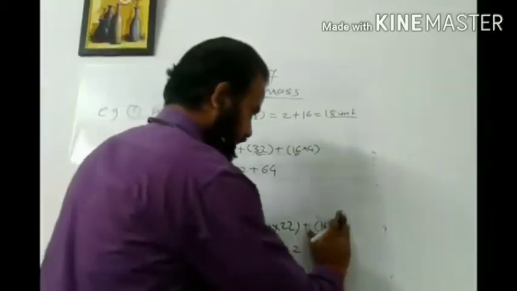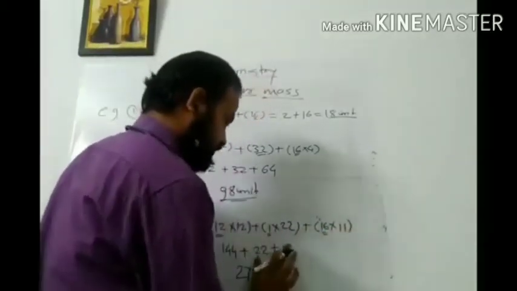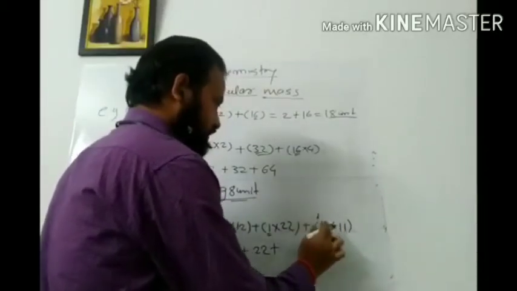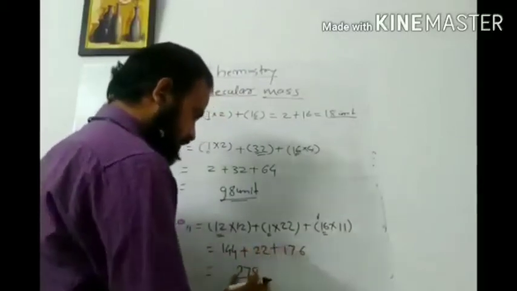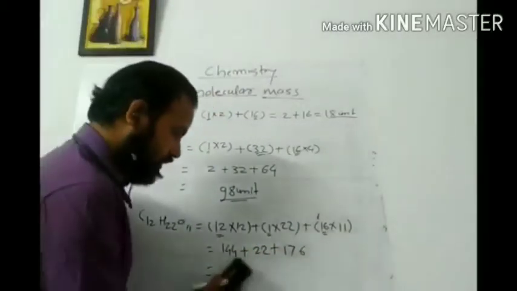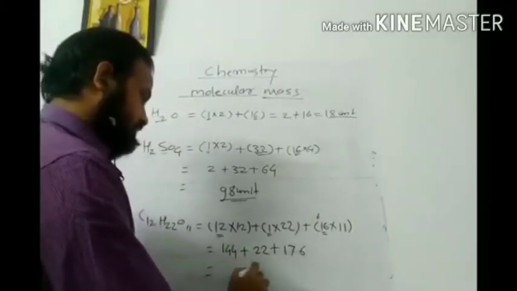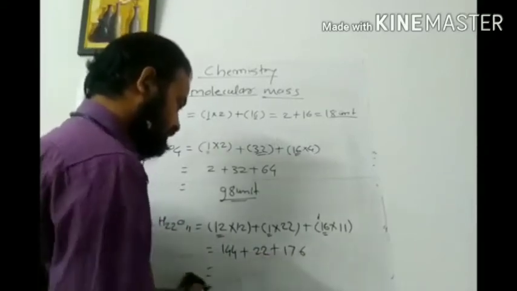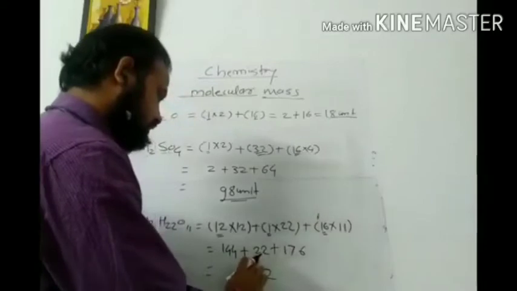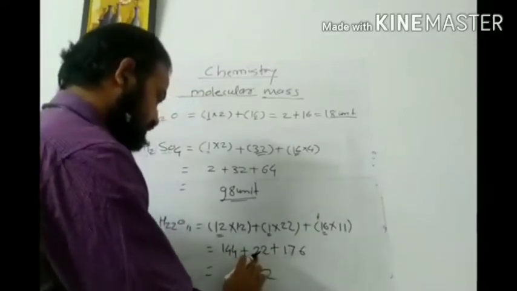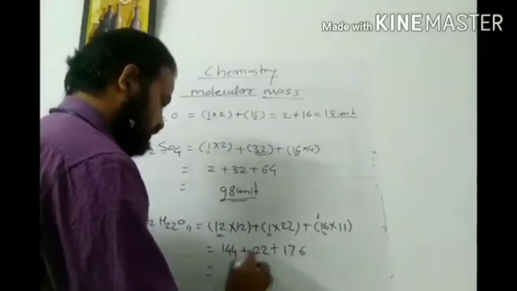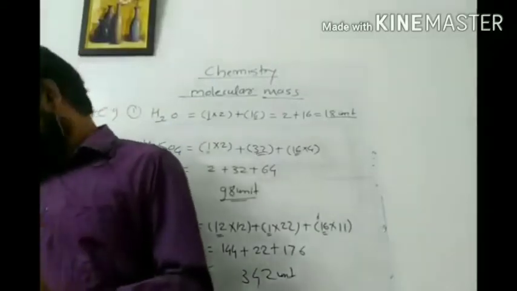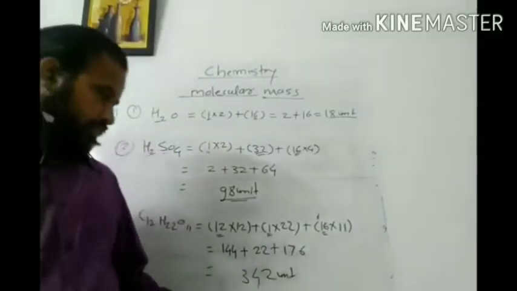Oxygen has a total of 11 atoms, so I will correct it. 16 into 11: 16 elevens are 176. Now adding it all, 144 plus 22 plus 176, I get 342. So this is the molecular mass of sucrose, isn't it? Yes, it is 342, correct answer.